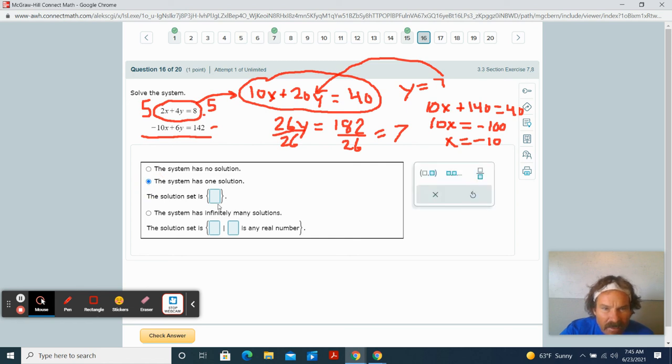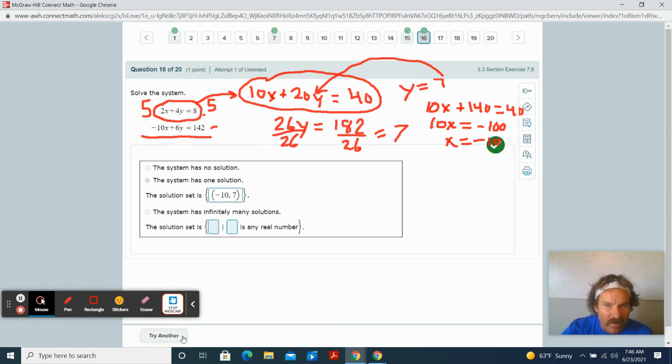And then I click inside this first, and then I click that, which gives me the 2 boxes, and I put in the negative 10 first, and then I put in the 7. And then check my answer.